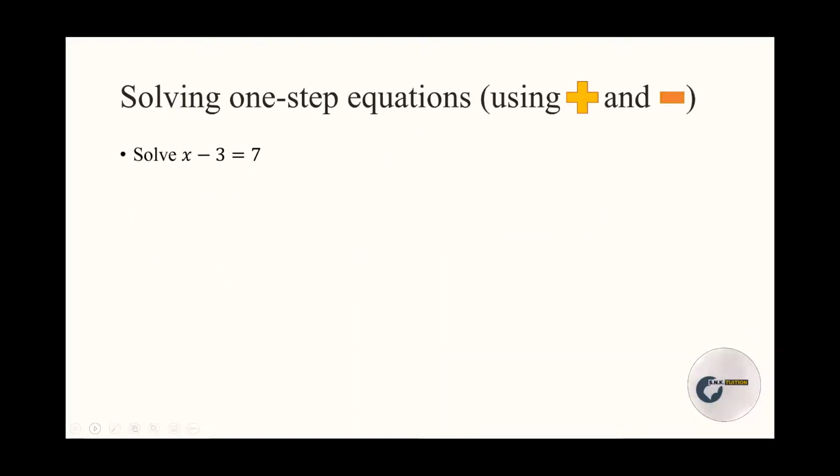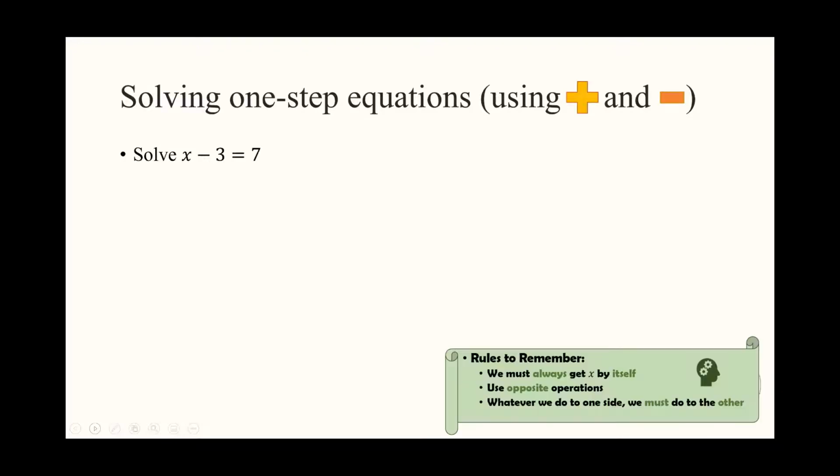Okay, this question says solve x minus 3 equals 7. So instead we have a minus here. Well, let's think back to our rules to remember. We want to get x by itself, so we have to use opposite operation. So instead of minus 3, we now have to plus 3.